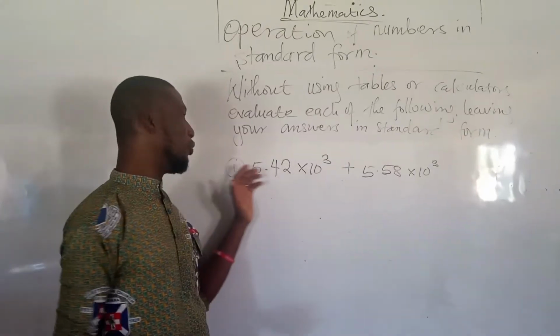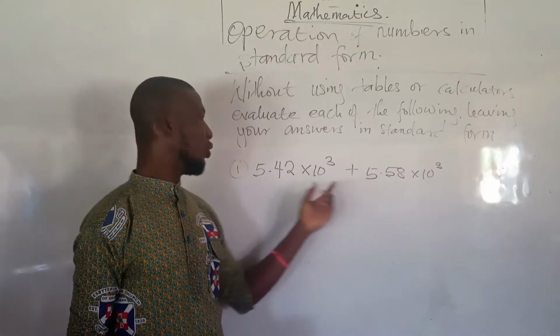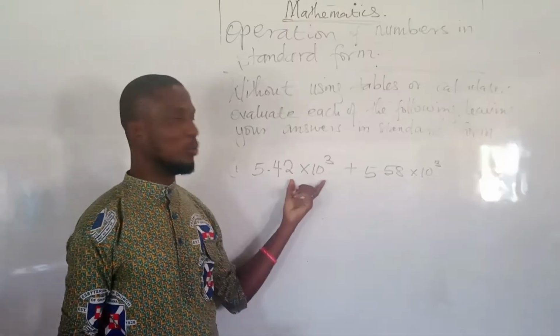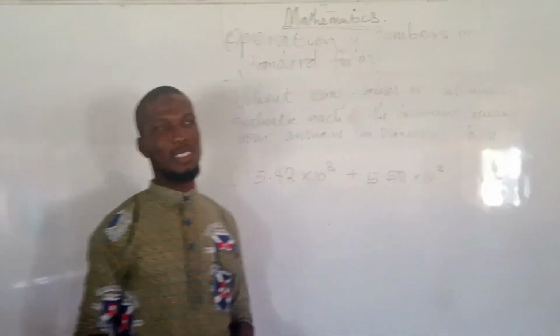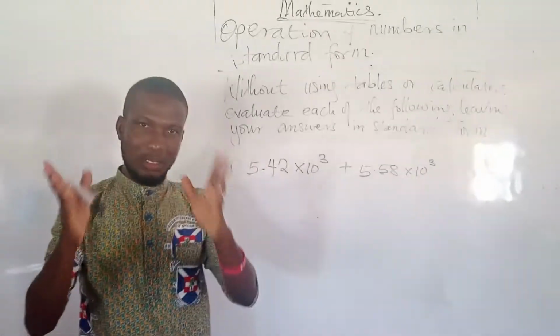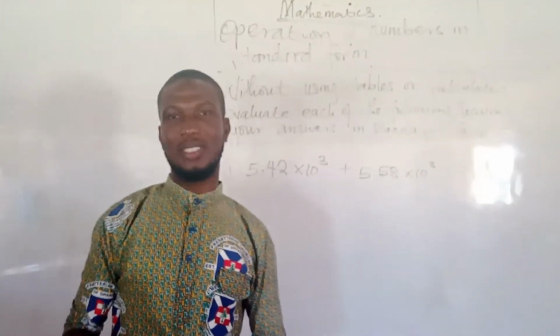Alright, and the very first one we have addition. So we have a number written in standard form plus another number in standard form. So this is the general rule about addition of numbers in standard form.